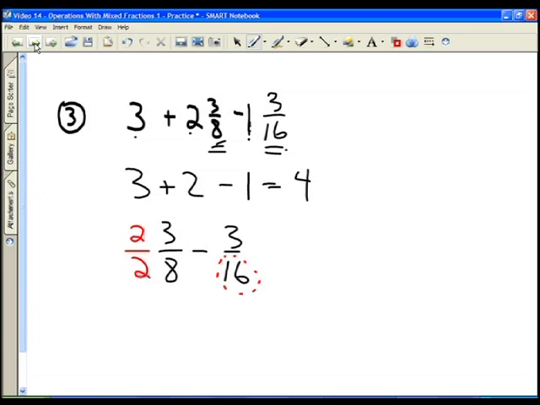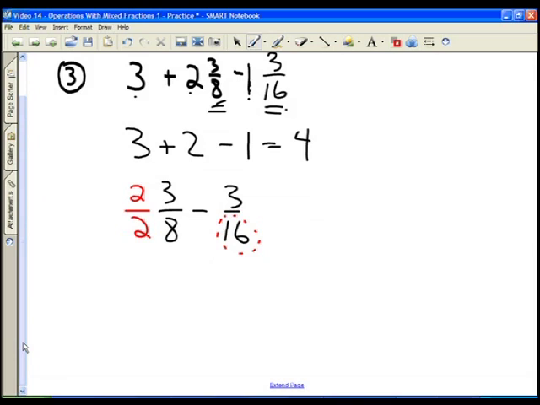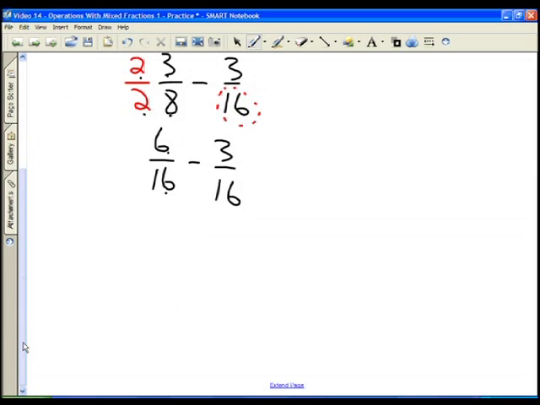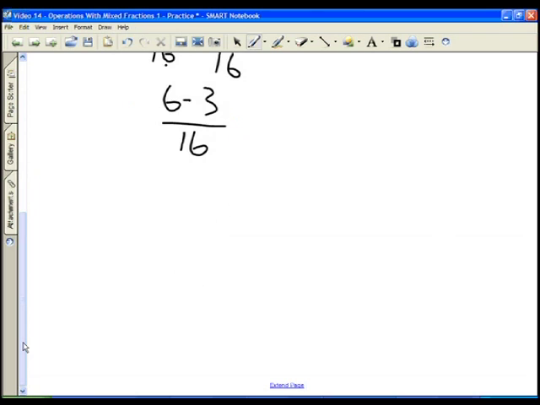So my magic number is 2. I multiply by 2 over 2, and I land up getting 6/16 minus 3/16. 2 times 3 is 6, and 2 times 8 is 16. And so this gives me 6 minus 3 all over 16, now that I have a common denominator.